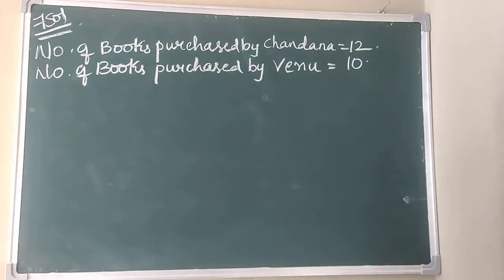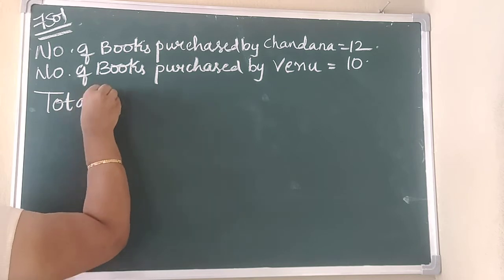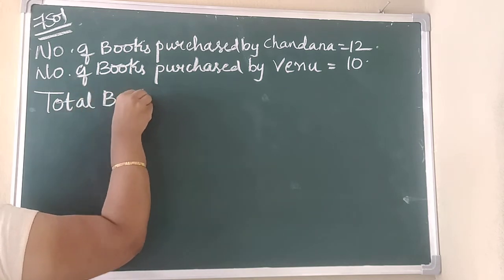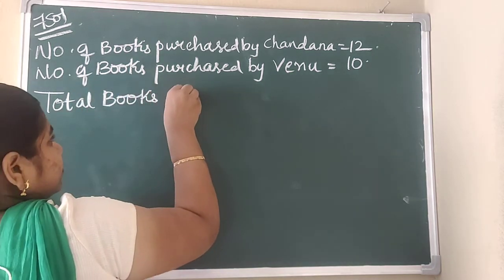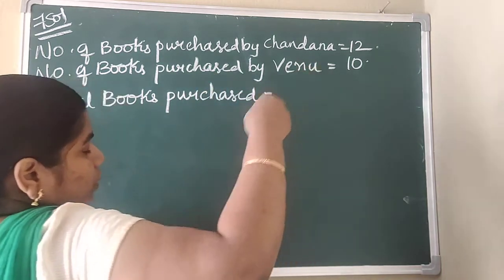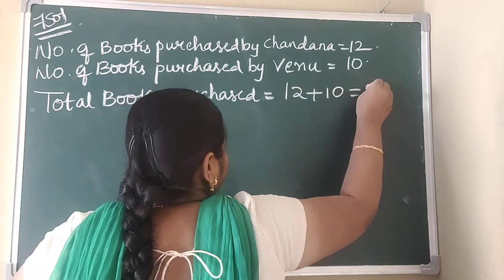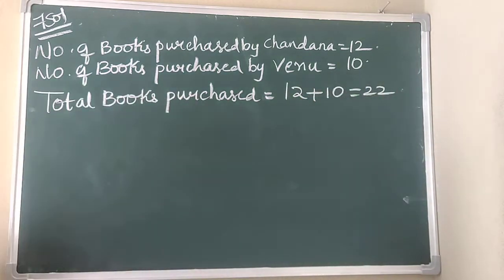Now first we have to find how many total books they have purchased. Total books purchased is equal to 12 plus 10, which is 22 books. So in total they have purchased 22 books.